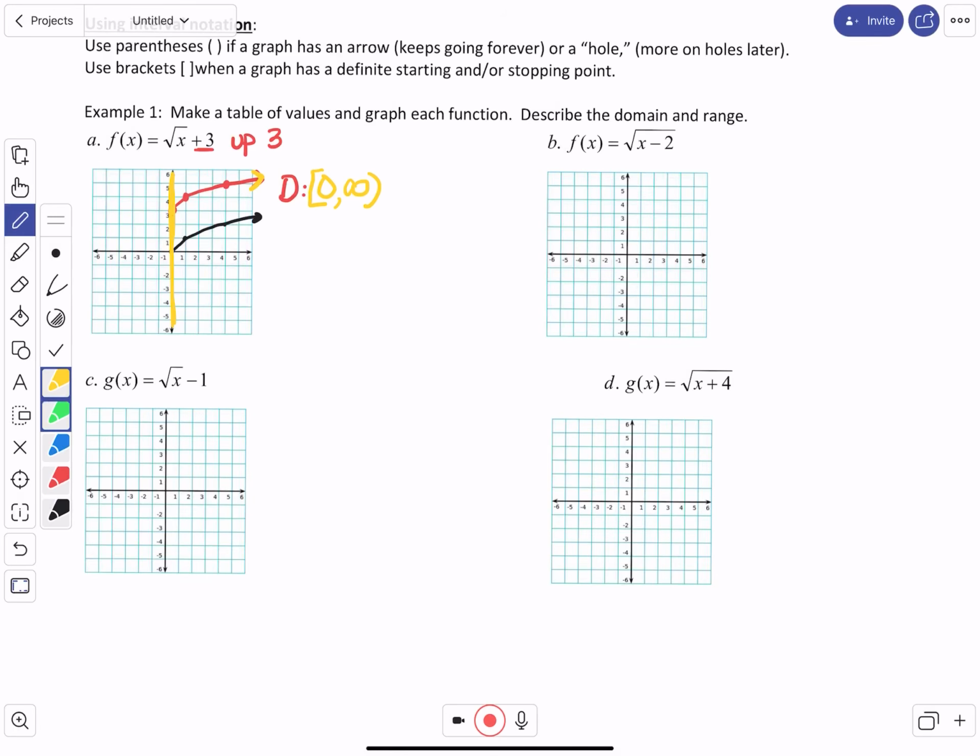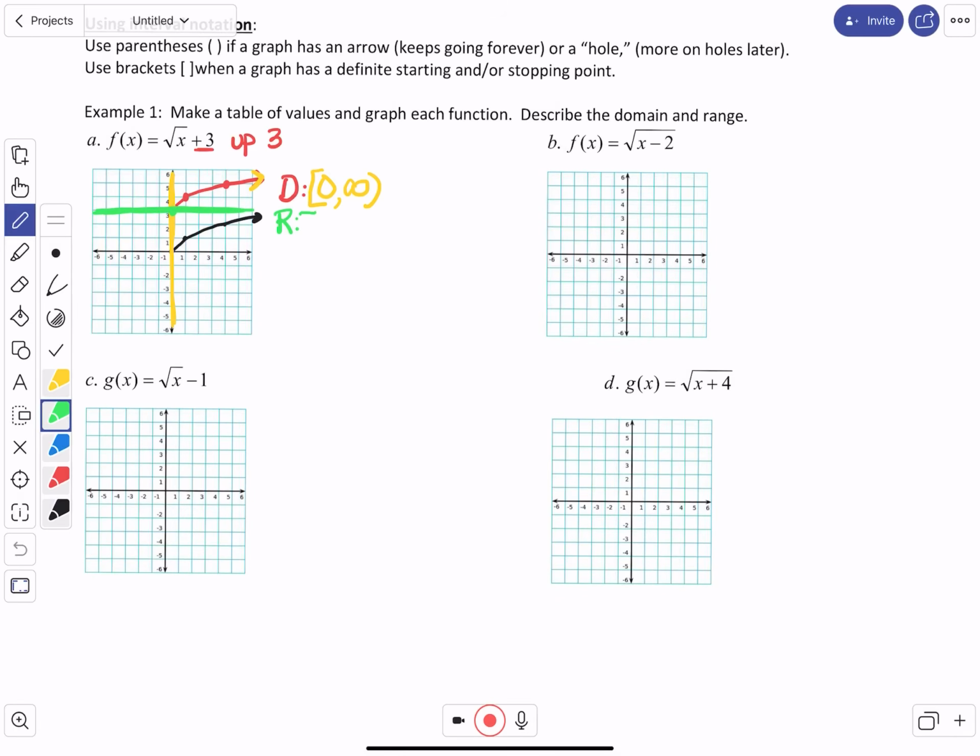Okay, so now let's do range. We'll do that in a different color. So for range, we're doing our y's. So this is the lowest it goes, the lowest y value. So now we're switching over to y's. This is the lowest that it goes as far as up and down.